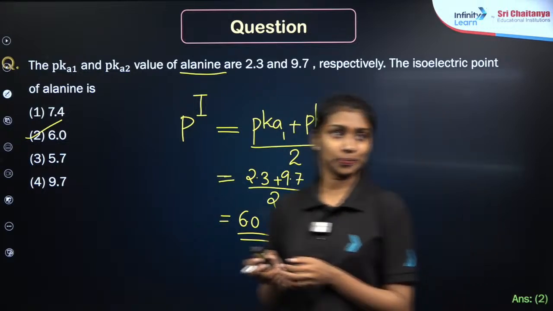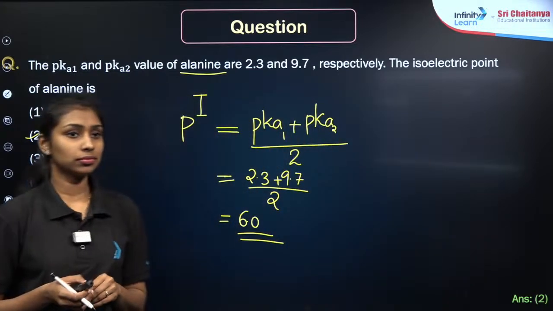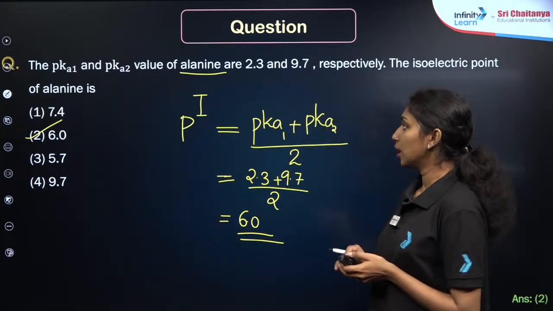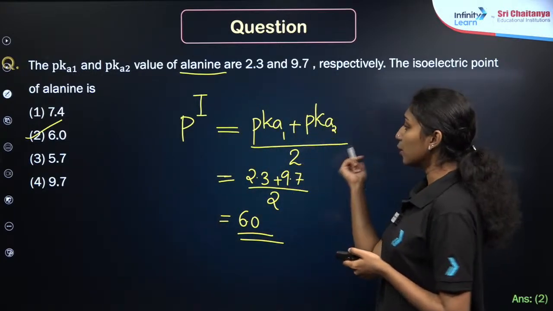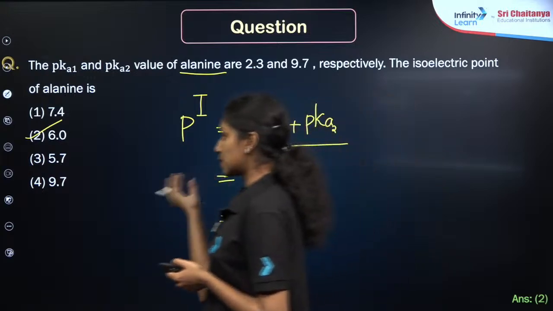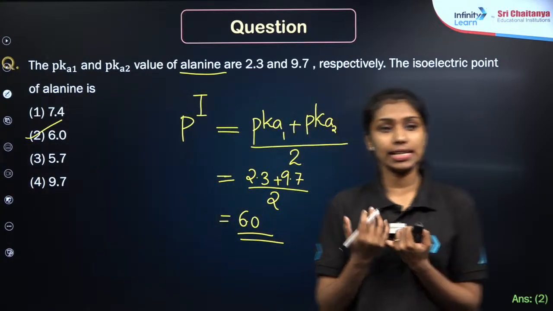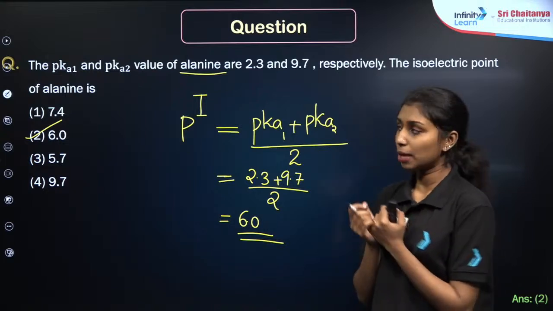Yes, correct. Based on this particular topic, the isoelectric point, you may get questions like whether it is acidic or basic. If the isoelectric point is greater than 7, what will be the character of that amino acid?